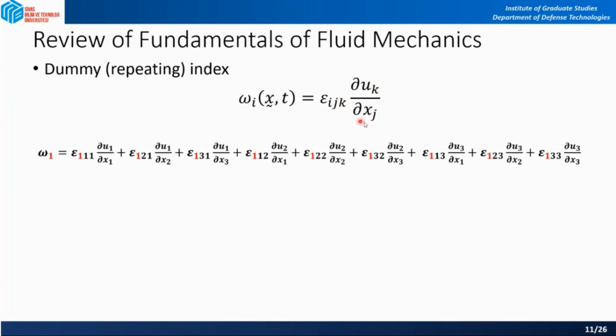On the right hand side, how many j's are you seeing? One j is in here, another j is in here. So it is repeating. How many k's? One in here and one in here. So k is a repeating index. Is i a repeating index? No, it's not a repeating index.